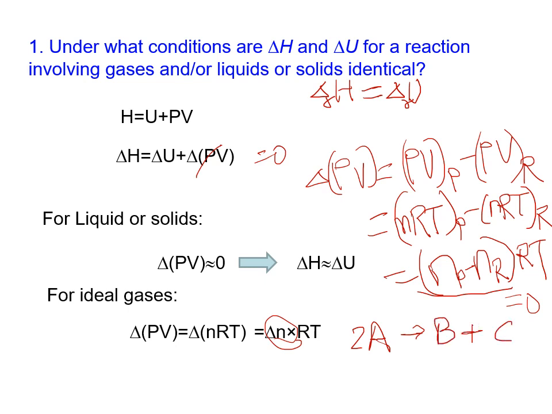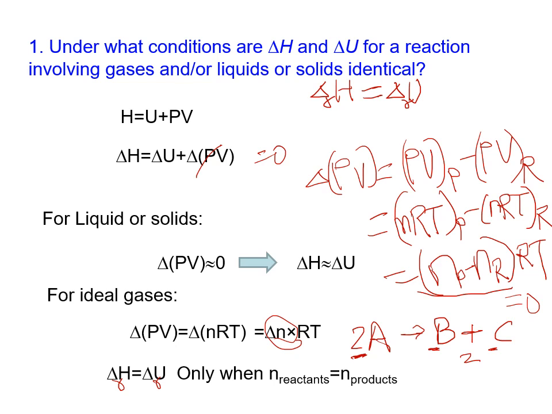In this case, you have 2 moles of gas phase reactant, and 1 mole B and 1 mole C, so the product is also 2 moles. Therefore, delta N is 2 minus 2, which is 0. So for this kind of reaction, delta H should equal delta U. Here delta H is the reaction enthalpy and delta U is the reaction internal energy. They are equal because the moles of reactants and products are equal.